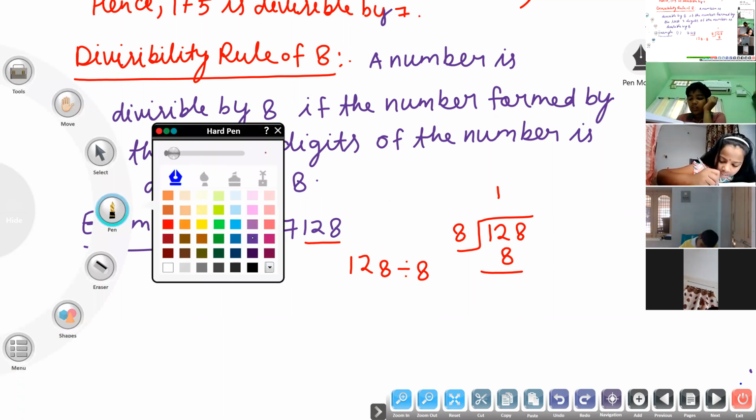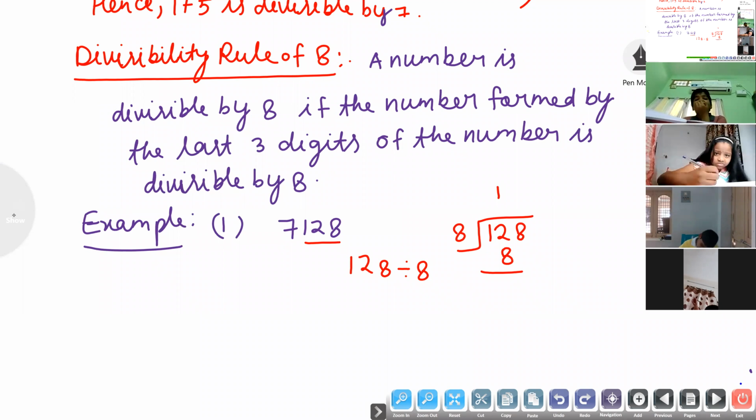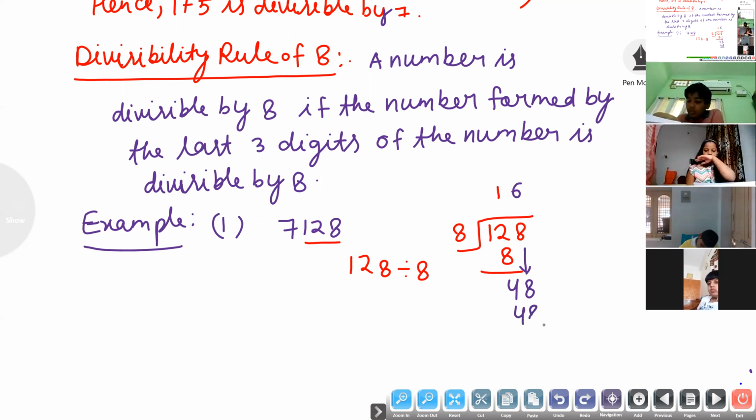Then 4 will come, and 8 will be brought down. We will read the 8 table less than 48. 8 sixes are 48. The remainder has come 0. The quotient is 16. Then I can say yes, this number is divisible by 8.